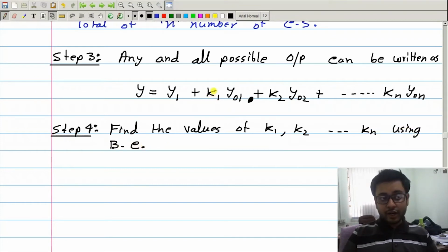Note that any and all possible values of k1, k2, etc. will satisfy the given differential equation, but only one particular set of values will satisfy the initial conditions as well. Which set of values? That we will find in this way.